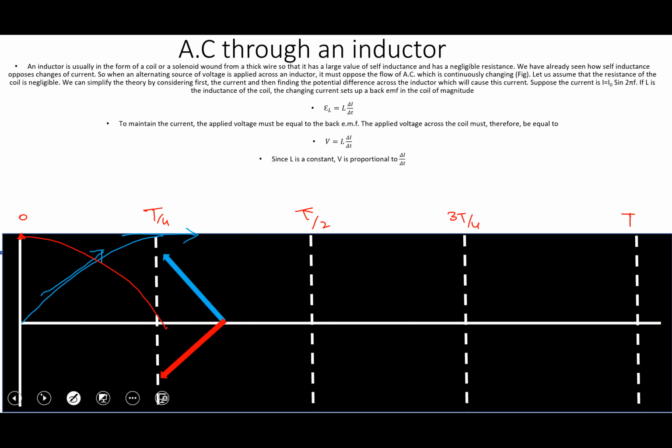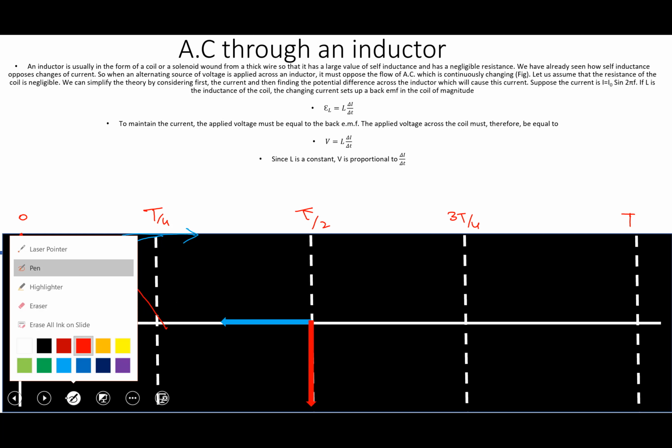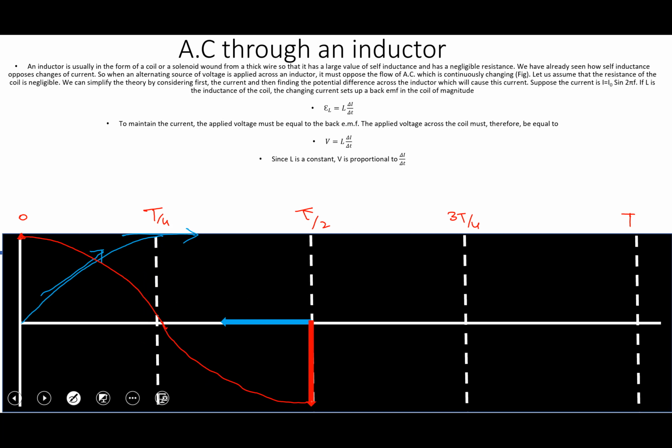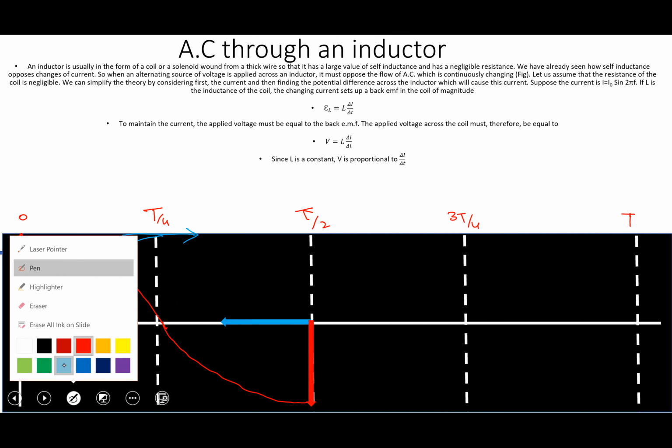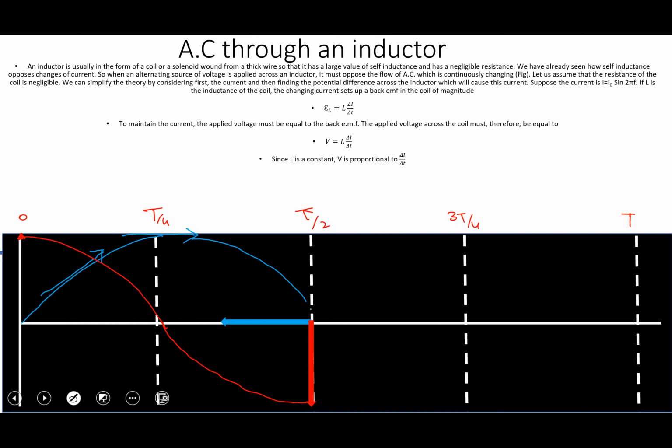In the same way, we can follow the whole pattern: the voltage was leading by an angle of 90 degrees, so it went to negative, whereas the current in this case got to 0.